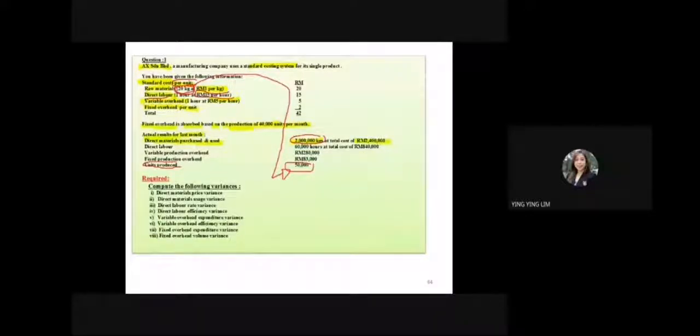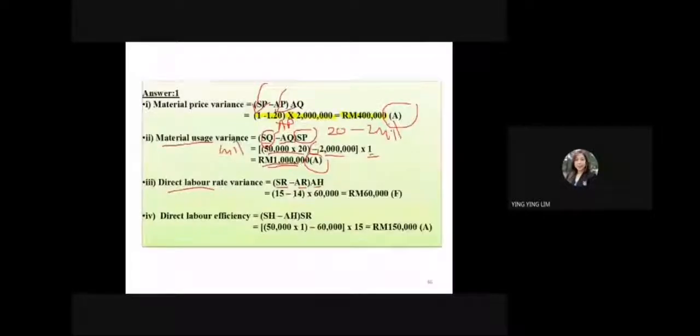You don't know. But you know that your total cost is 840K. You have to divide it by 60,000 hours. So your actual rate per hour is 14. Compared with 15, alright, so 15 minus 14, you multiply with 60,000, you get 60,000 ringgit.